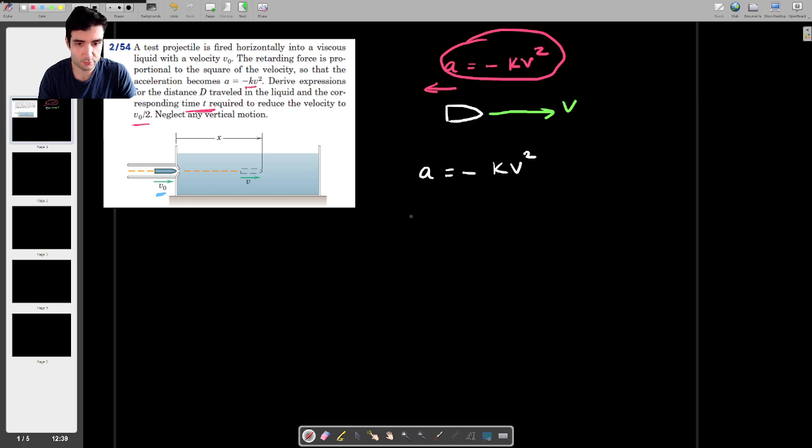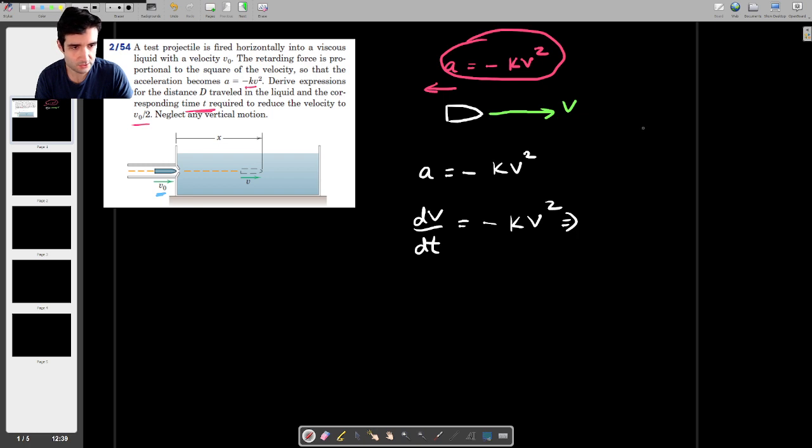To do that, I will express acceleration in terms of the first derivative of velocity. So a is dv over dt, which is minus kv squared. And straight away, we can actually find what the velocity is by solving this differential equation. But what I'll do instead is eliminate time, and then use that to find the distance in terms of the velocity.